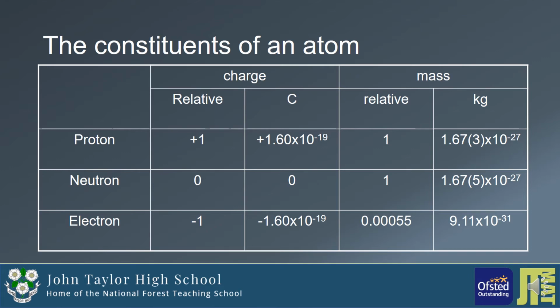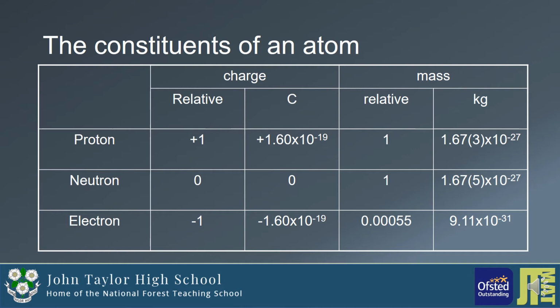But for A-level, one of the first things we've got to do is deal with actual absolute values rather than the relative values. So in terms of charge, we've got to look at the charge in coulombs. The proton and electron have the same charge, just opposite, one positive and one negative. So we've got a charge of 1.6 times 10 to the power of -19 coulombs, positive for a proton, negative for an electron.